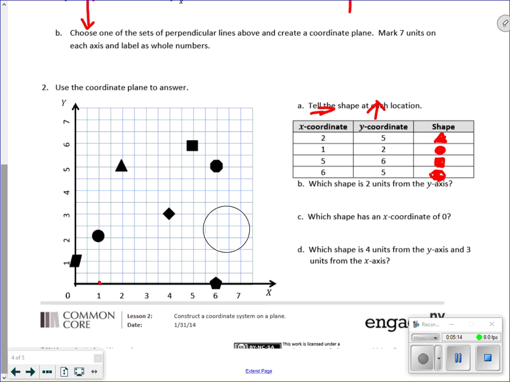It wants to know which shape is 2 units from the Y. So that means that you need to be on the Y-axis. So this is the Y-axis right here. And then you need to go 2 units away from it. So what shape is 2 units from the Y?